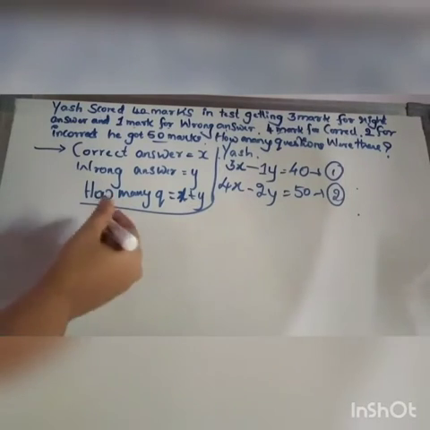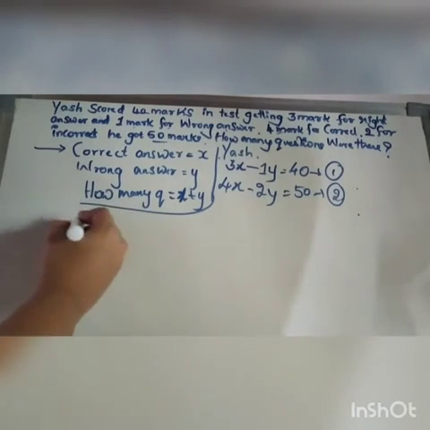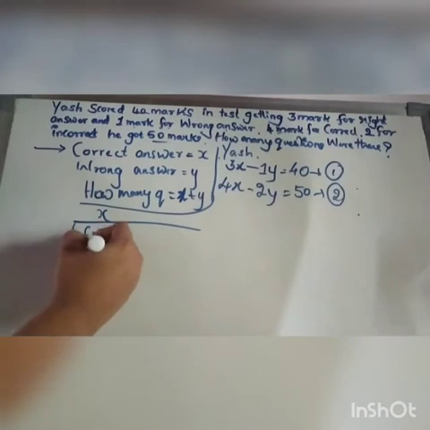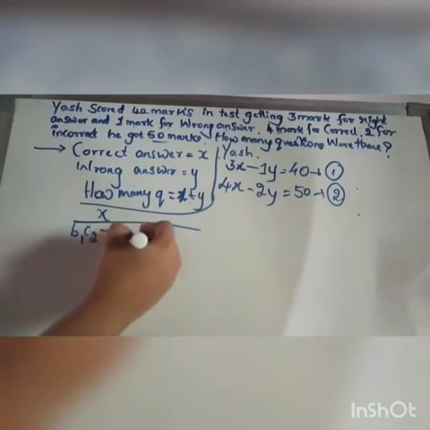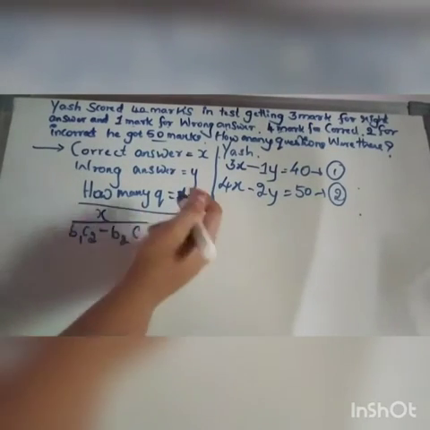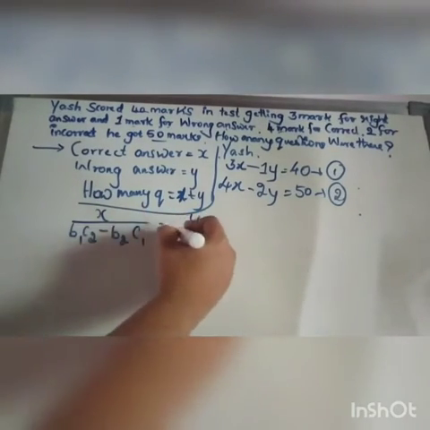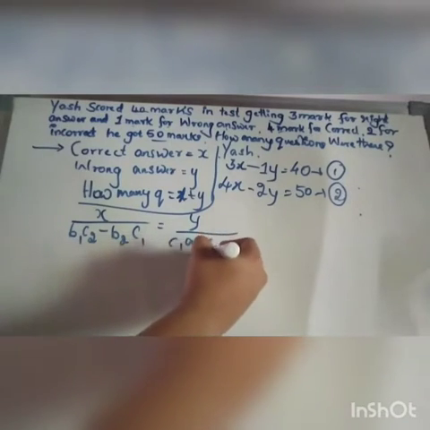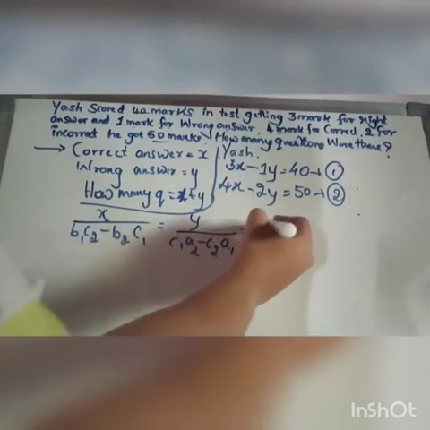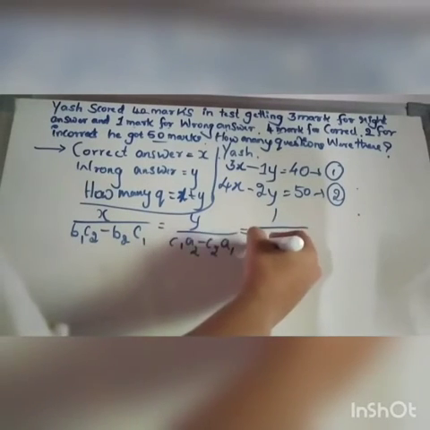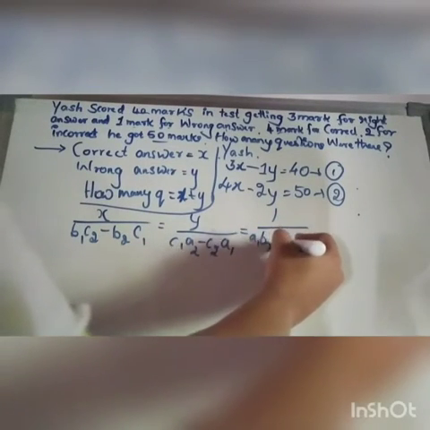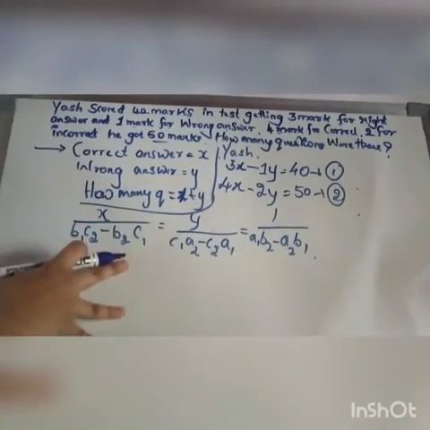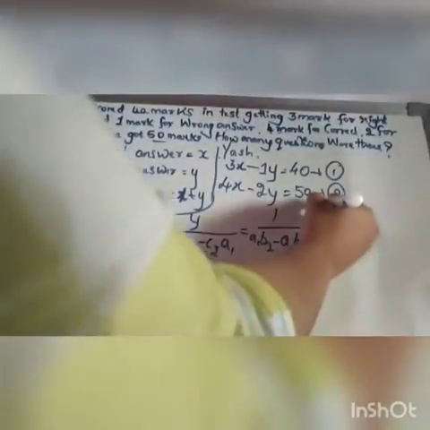First write the basic equation: X by B1C2 minus B2C1 equals Y by C1A2 minus C2A1, equals 1 divided by A1B2 minus A2B1.